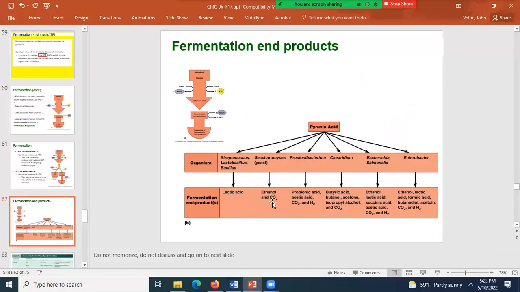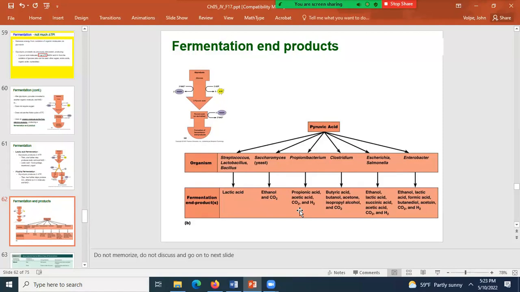Yeast does alcoholic fermentation, which is used in most bread other than sourdough bread, which usually has both going on, lactic acid fermentation and ethanolic fermentation. And beer and wine making uses alcoholic fermentation.